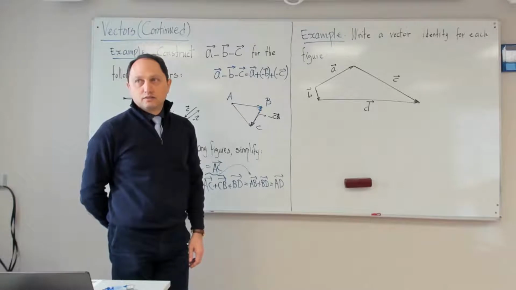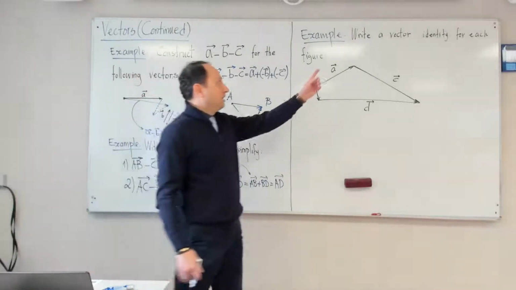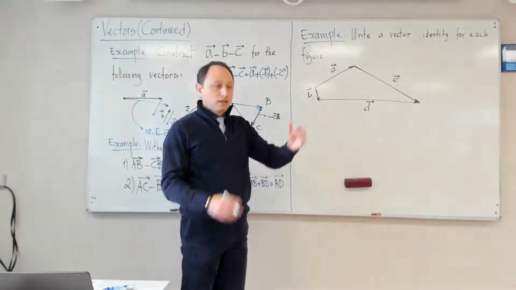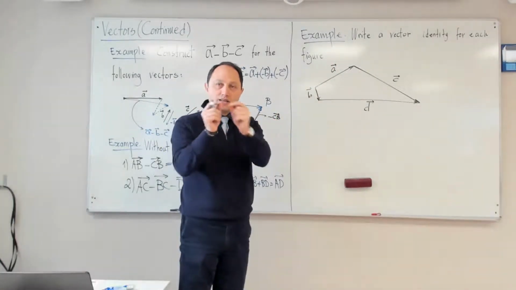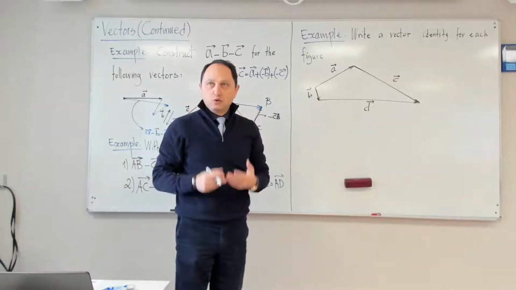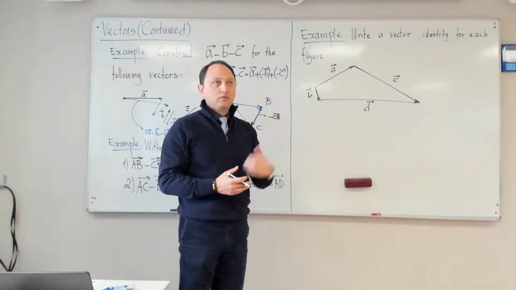Yes? So are we supposed to find some vectors equal to another, or what? No, you need to write a vector identity. What does it mean? It needs to be an expression containing vectors and the equality sign, which is always true based on this picture. That is the meaning of this question.